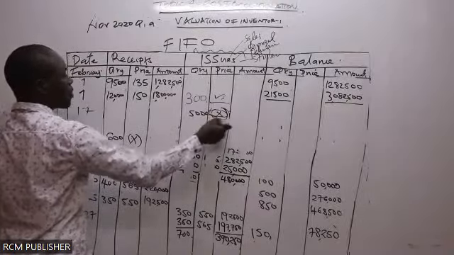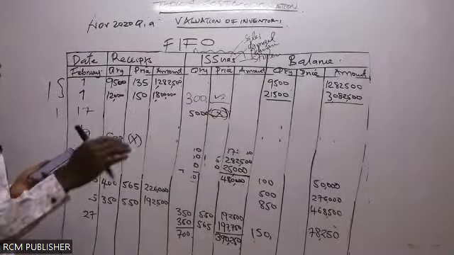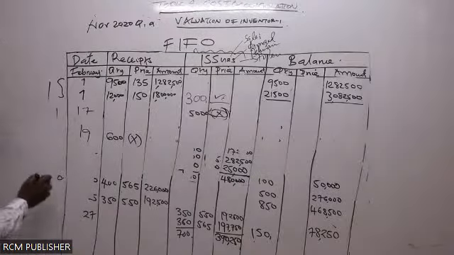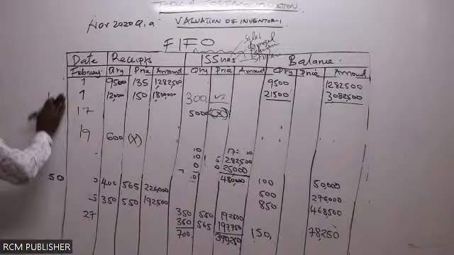At that price X. Valuation of inventory. Remember, we were saying that here we add 50 and here we add 100 units.